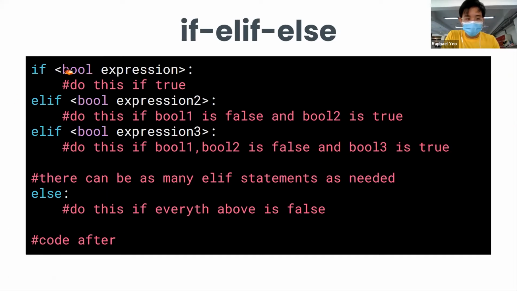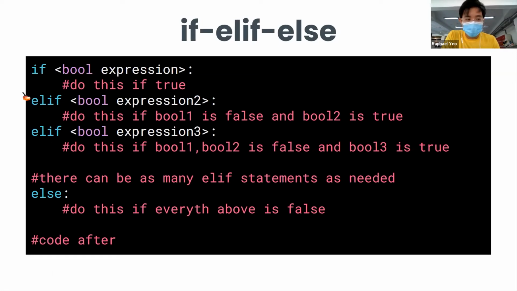So if the Boolean expression is true, the if statement runs, Elif 1 and Elif 2 will not run, and else will also not run. But if the if statement is false, it will go to the very next Elif statement, which is Boolean expression 2, as you can see on the slide here. If Boolean expression 2 is true, it will run, and everything else at the bottom will not run.